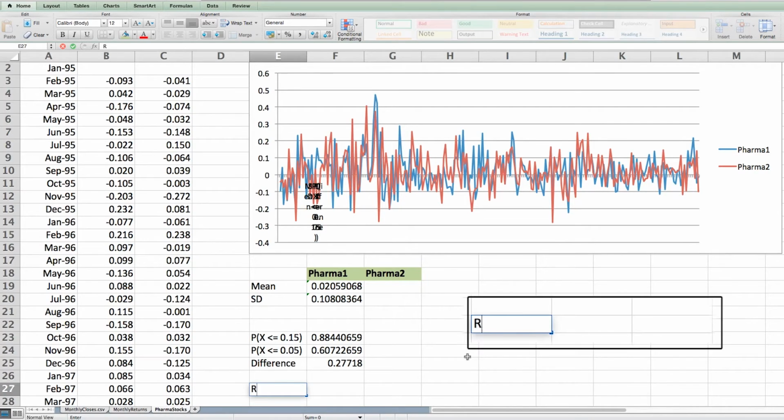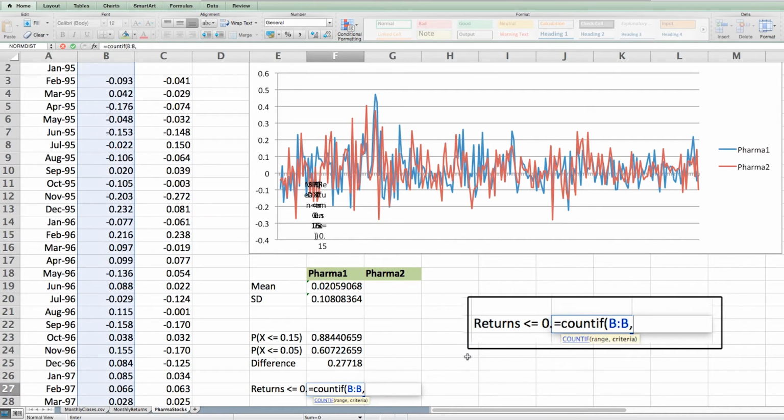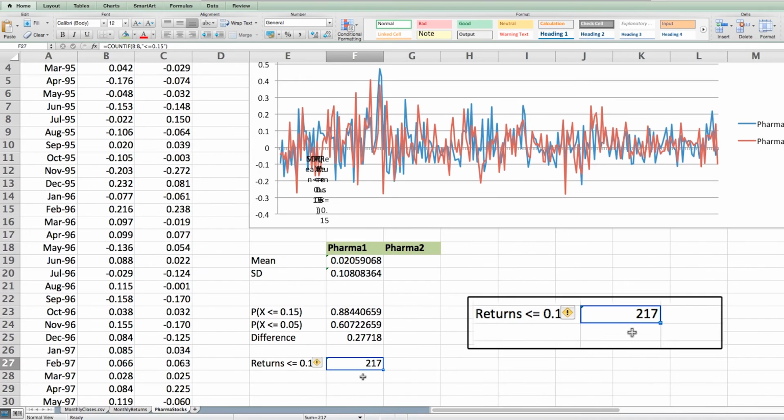So I have returns less than or equal to 0.15 as given by a COUNTIF function for Pharma 1, everything in the B column, and I have my condition less than or equal to 0.15. So I have 217 monthly returns of values less than 0.15.